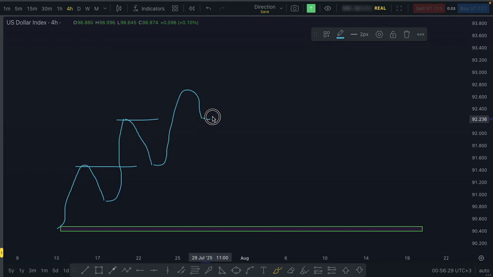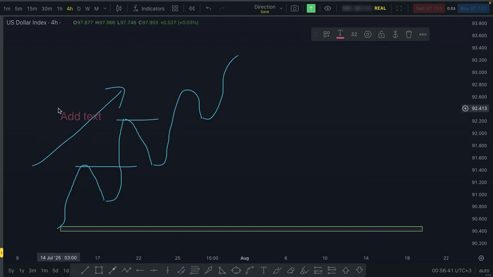Once the market performs like this, we indicate it as an uptrend market.